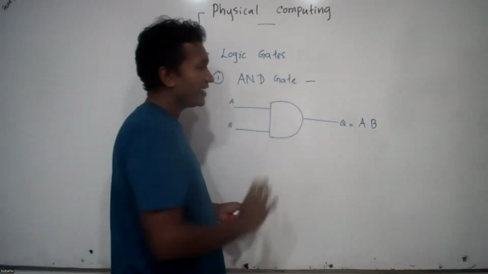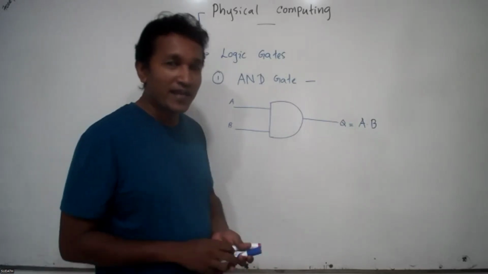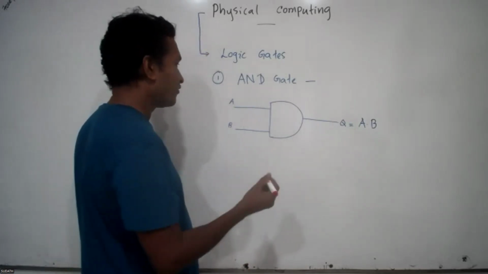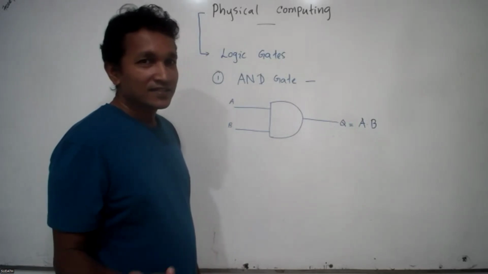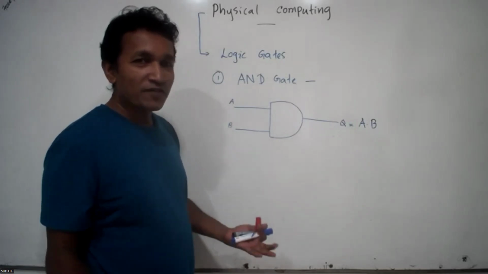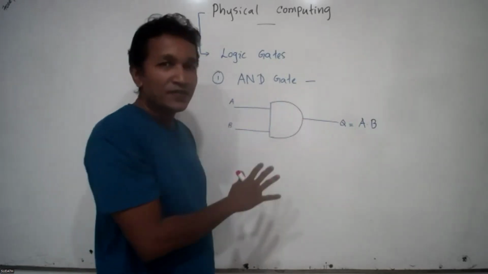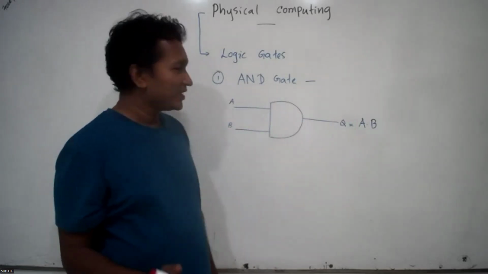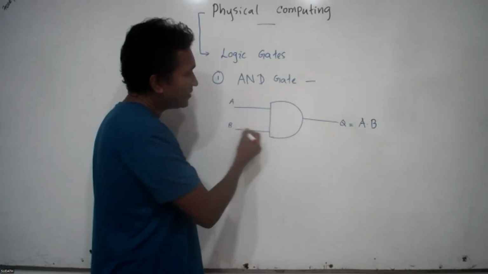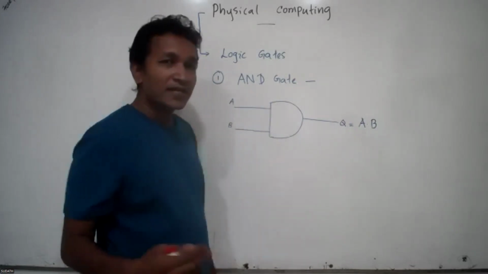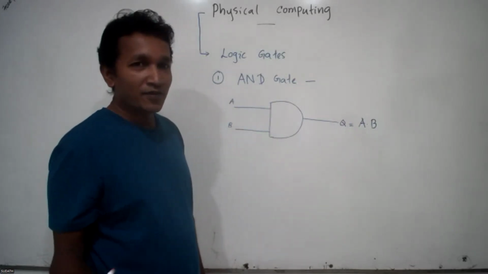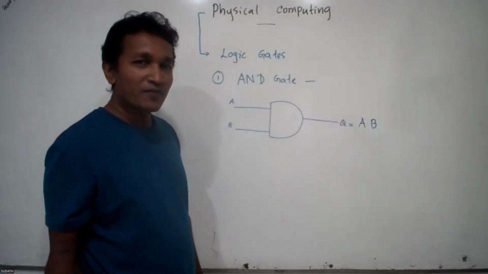So in these logic gates, we get input as 1 or 0. Right? So in the computer, we use only ones and zeros. Therefore, logic gates deal with only ones and zeros. As input, it can be a 0 or it can be a 1.